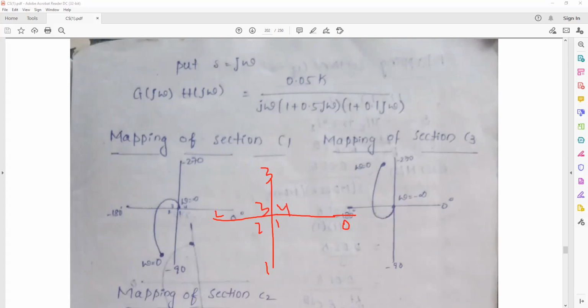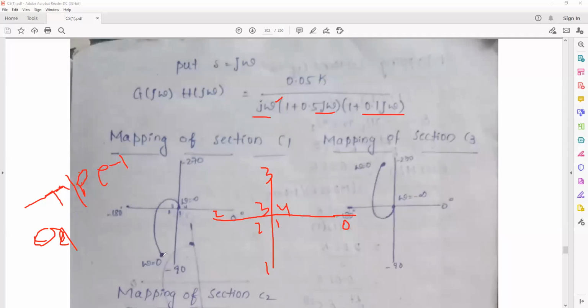So the starting of the polar plot is for a type 1 system, and the ending is by the order. There are 3 S terms, 1, 2, 3, so order 3.